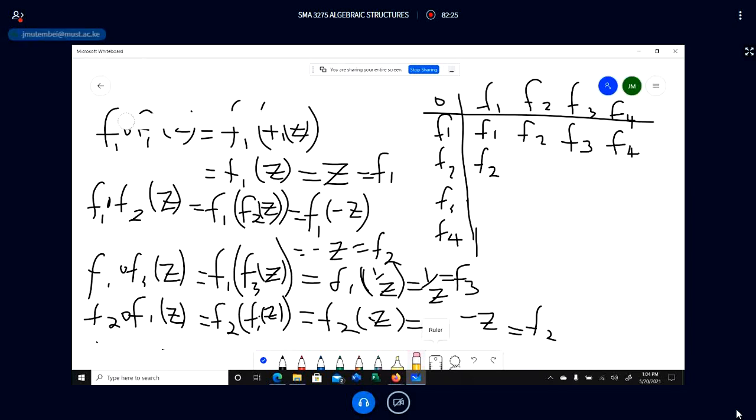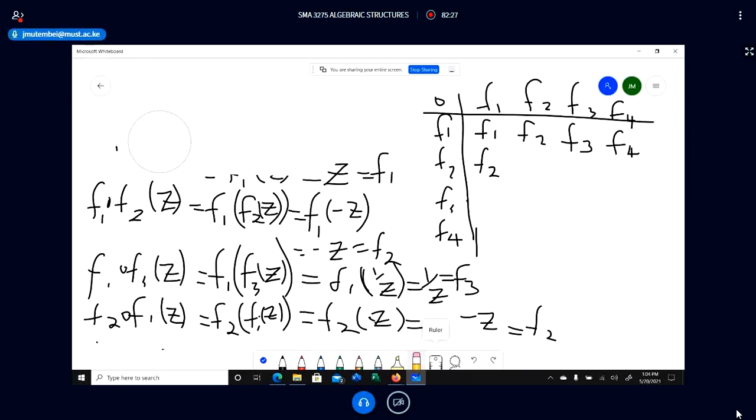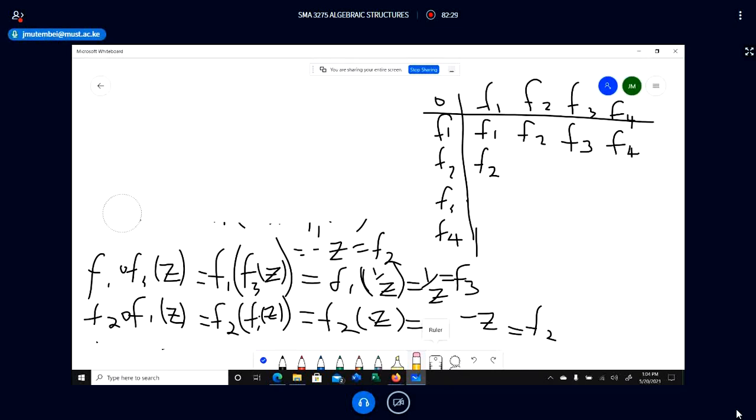Then F2 composite F2 of Z. So that is what we are doing to complete this table.